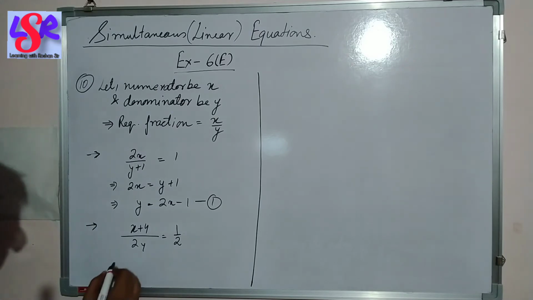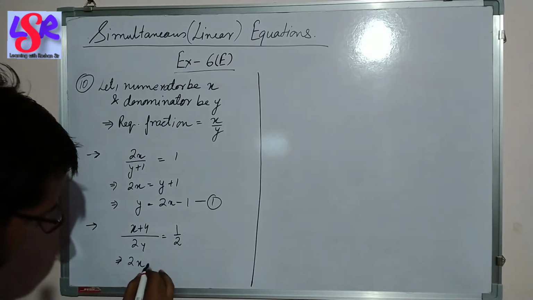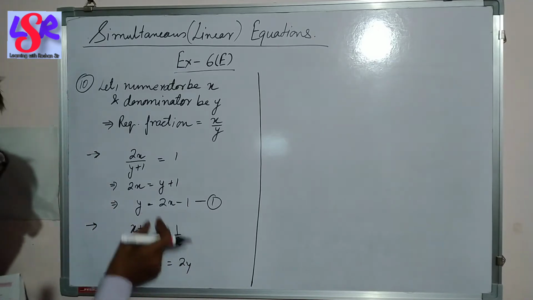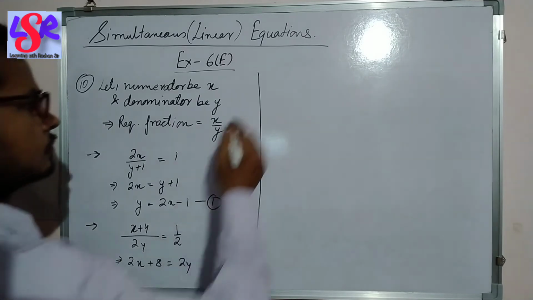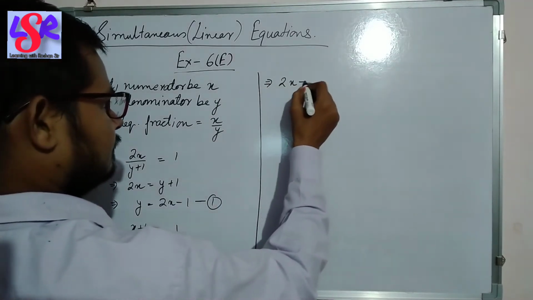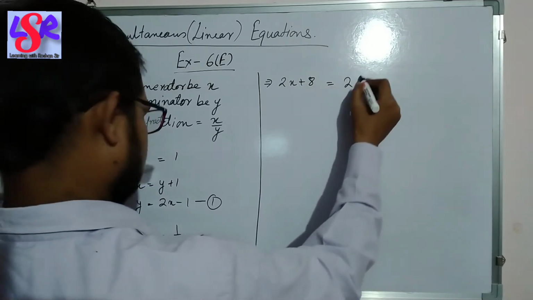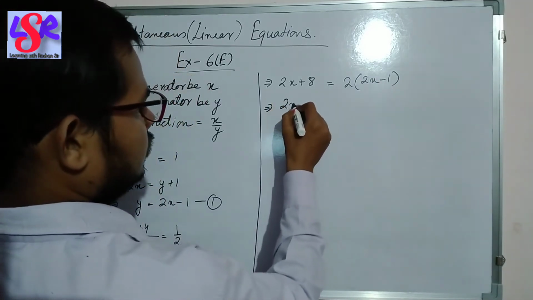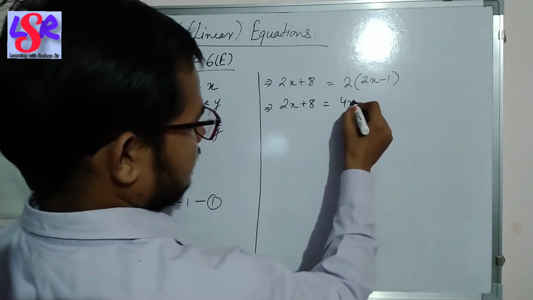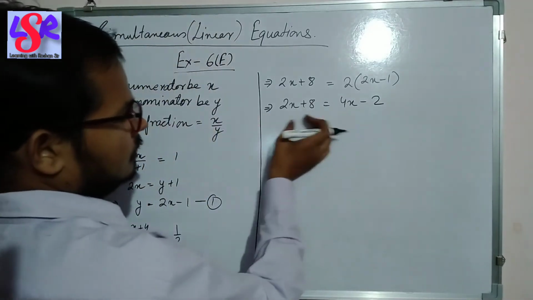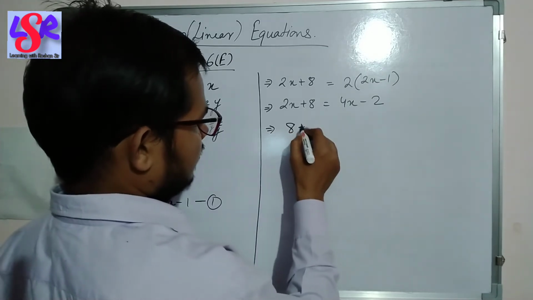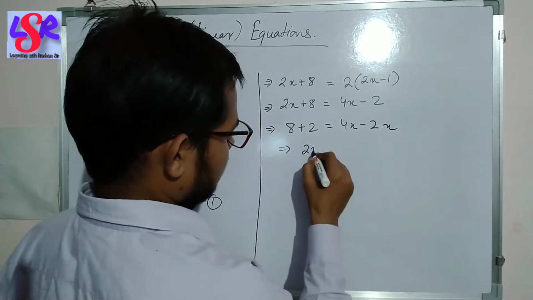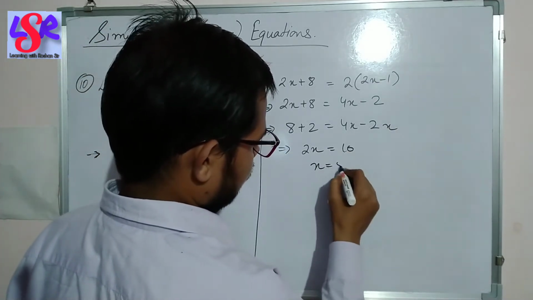Again we are going to do the cross multiplication, and this will become 2x plus 8 equals 2y, and if we place the value of y over here, we get 2x plus 8 equals 2 into 2x minus 1, and on opening the bracket, 2x plus 8 equals 4x minus 2. Now on shifting, we get 8 plus 2 equals 4x minus 2x, and hence it will be 2x equals 10 and x equals 5.